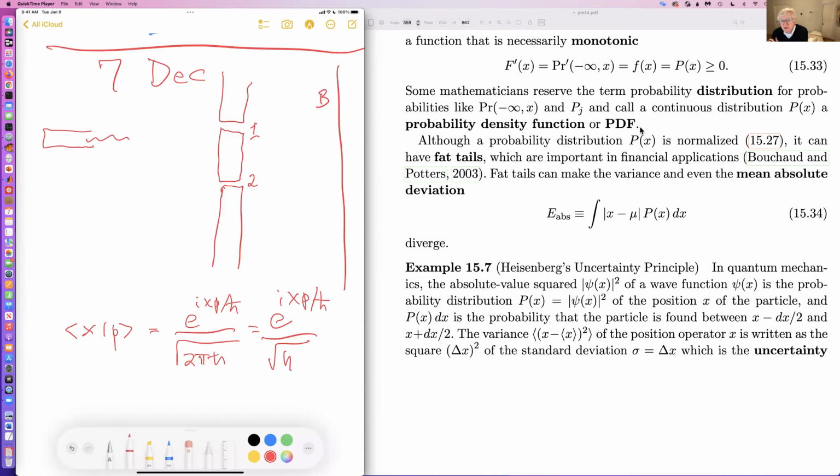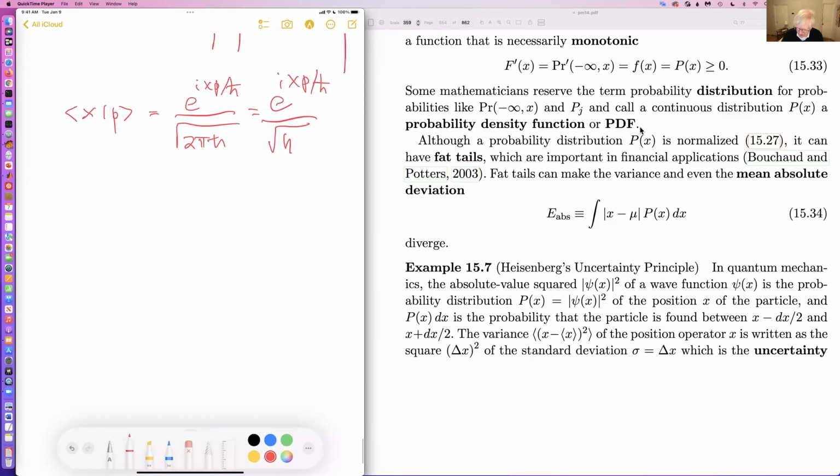All probability distributions must be normalized, but some have what are called fat tails. In other words, the standard probability distribution is your standard Gaussian distribution. So this goes down as e to the minus x squared over, let's see, sigma, or 2 sigma squared. Anyway, it goes down exponentially.